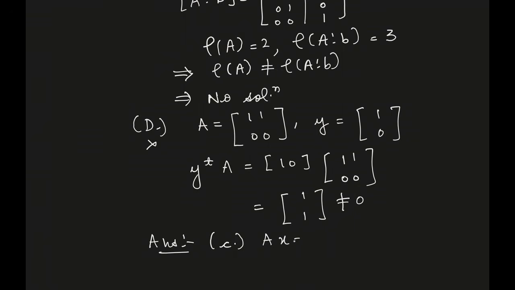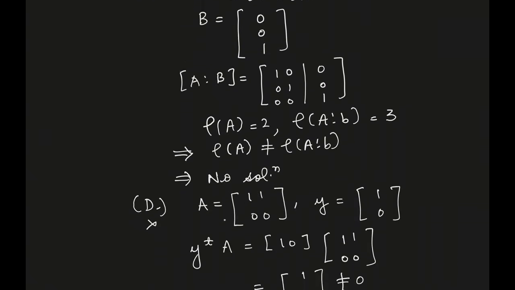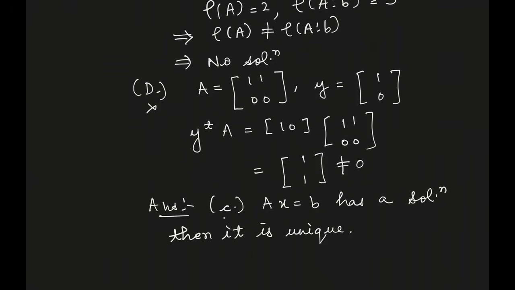Ax equal to b has a solution, then it is unique. Do you know the reason why? I know 3 options are discarded, but what is the exact reason for this?